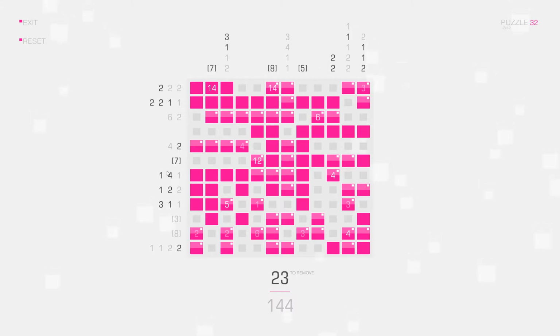Now, what do we do? We have the 5 here. It has to go this way. So it's a part of the tree here, so it's a tree. So a 3, 1, or 1, and we can delete this.